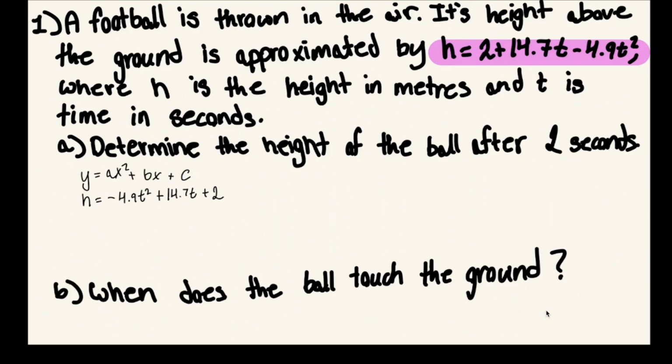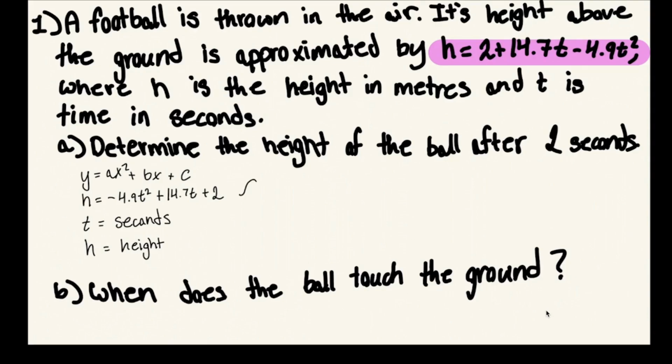So we know t equals seconds, and we know h equals height. Wow, I cannot spell height. The question wants us to figure out the height of the football after 2 seconds, so what you have to do is just substitute into t.